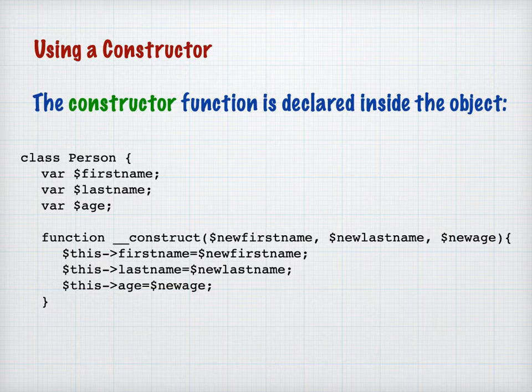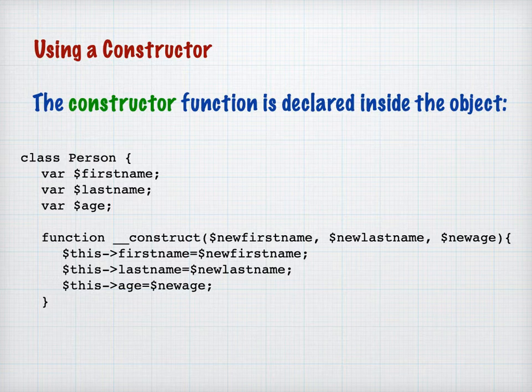And what do we do with those bits of data? Well, we push them into the corresponding attributes of the class. So this first name takes on the value of new first name, this last name takes on the value of new last name, and this age takes on the value of new age.